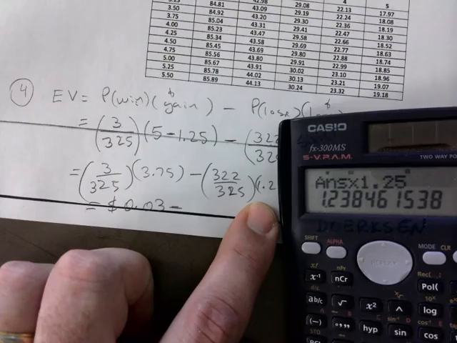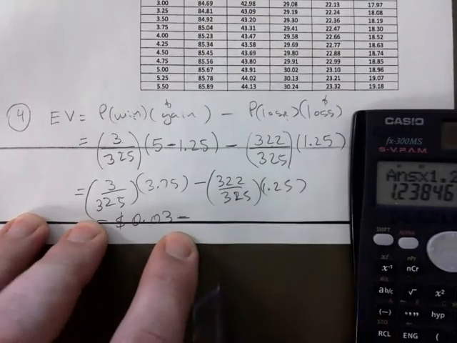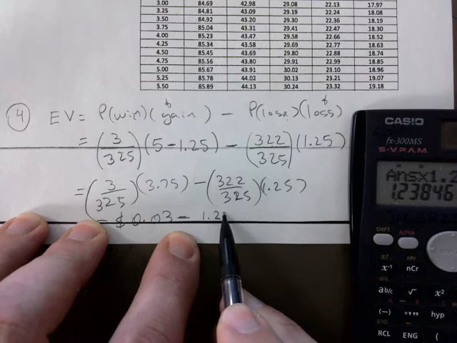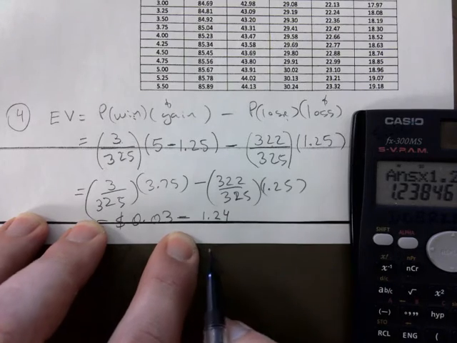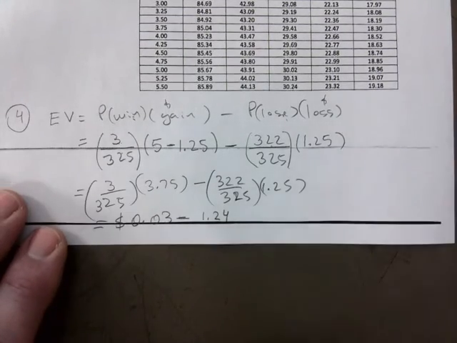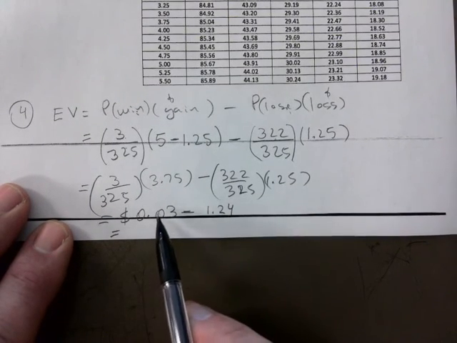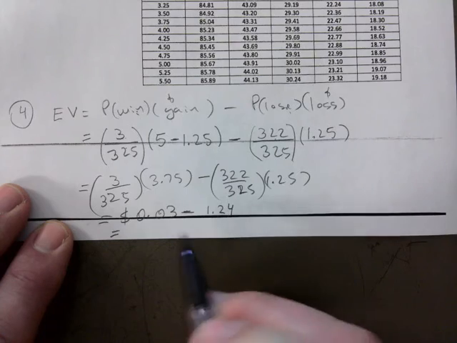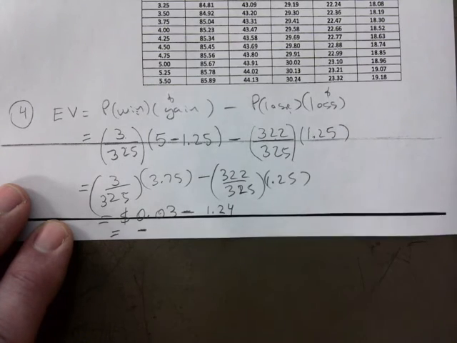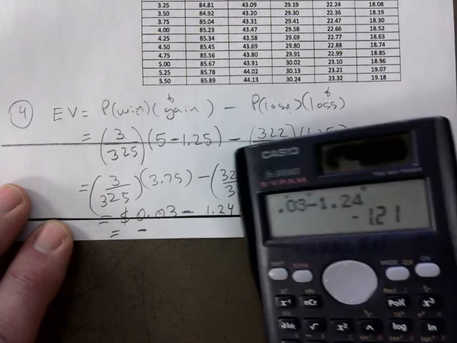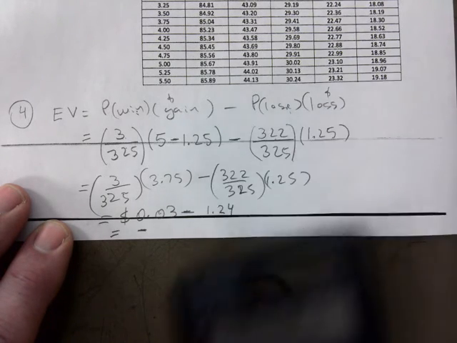So that's 1.24. Technically, you should be using 4 decimals, but I'm okay with it. But 0.03 minus 1.24 is going to be a negative, right? So 0.03 minus 1.24, that's negative 1.21.